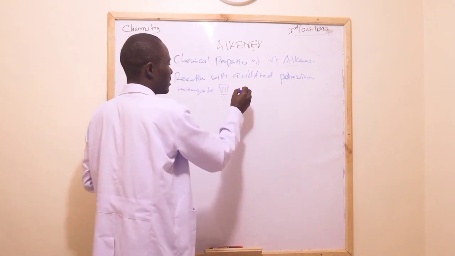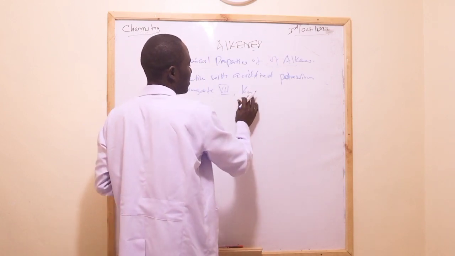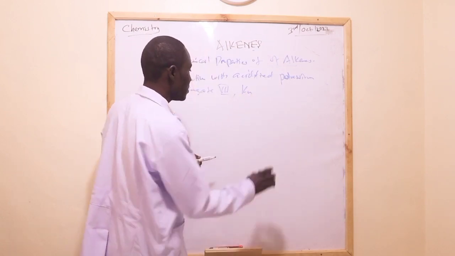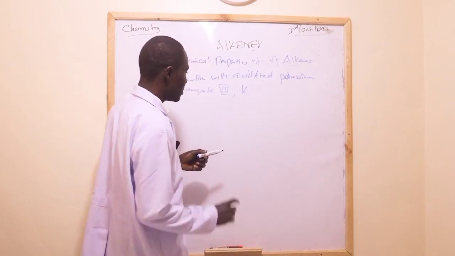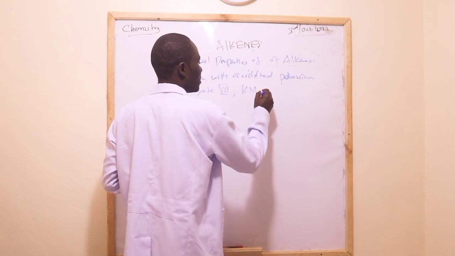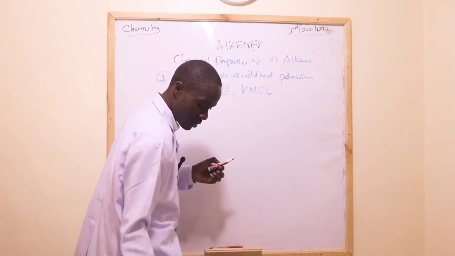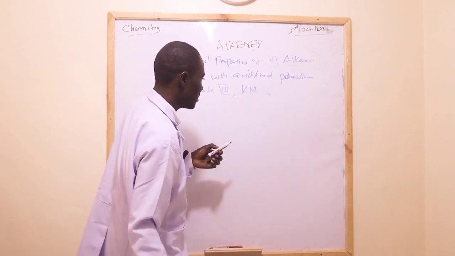The chemical formula of it is this. Potassium manganate(VII), written this way.